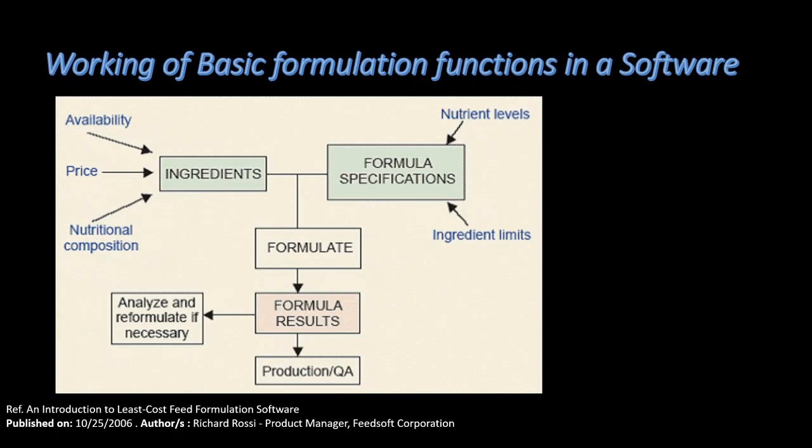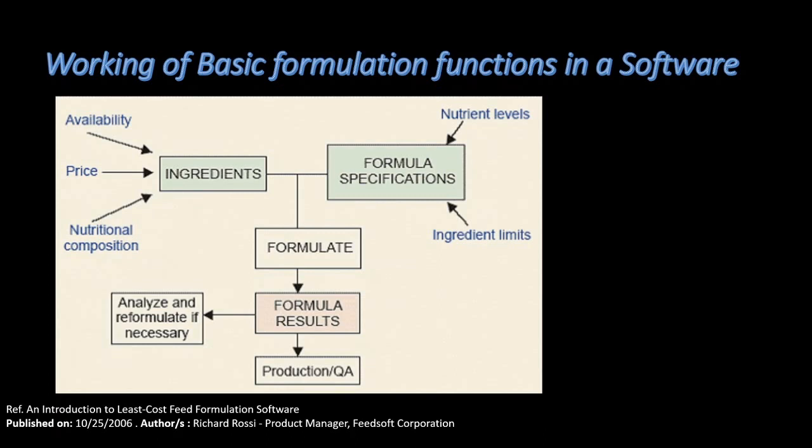So the software, keeping in view all these constraints of the ingredients and formula specification, will do calculations and formulate the diet. So the formula results should be analyzed and reformulated if necessary. If the results are satisfactory and the nutritionists feel comfortable with them, then it's okay, or it can be reformulated.